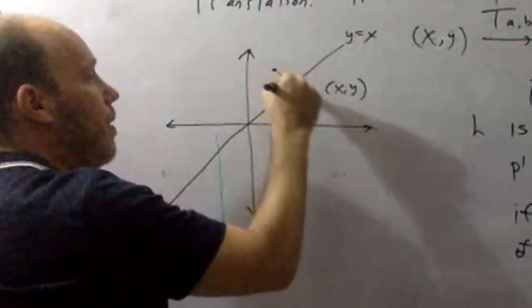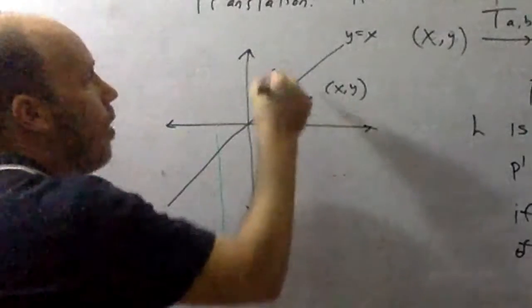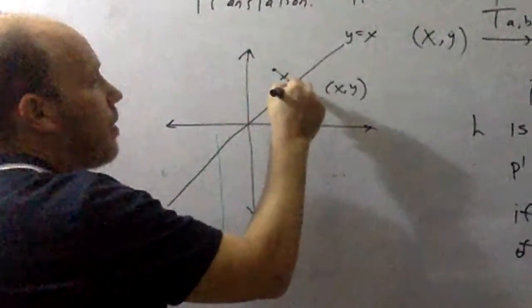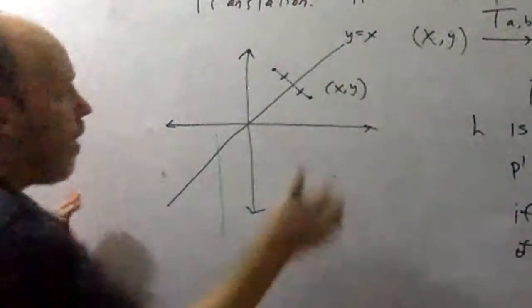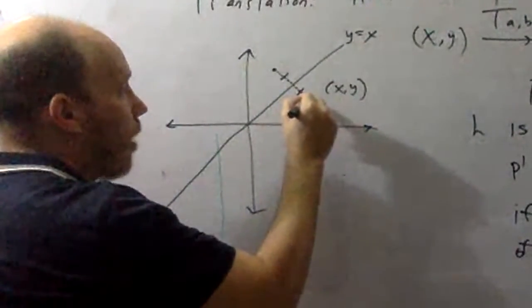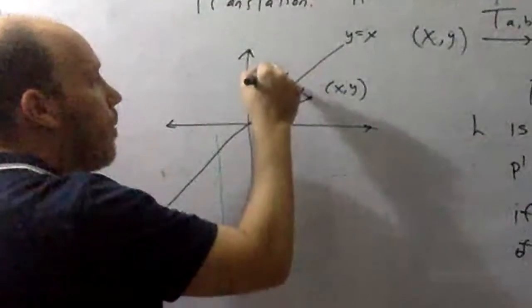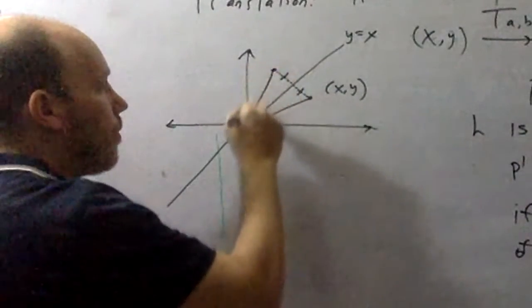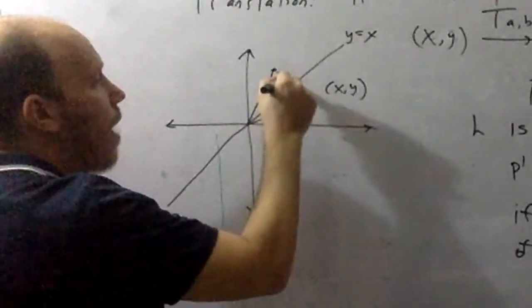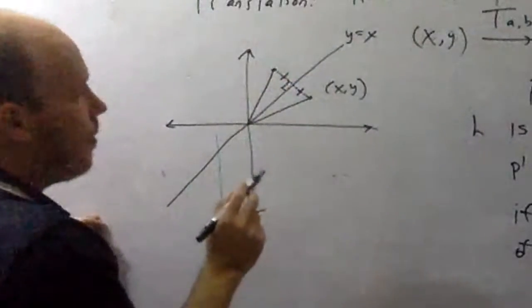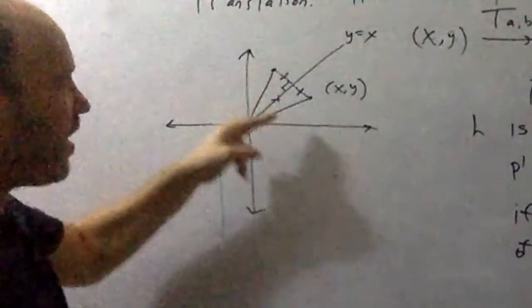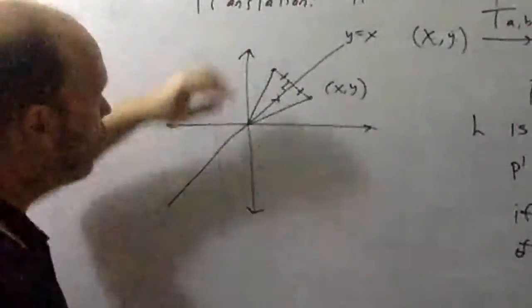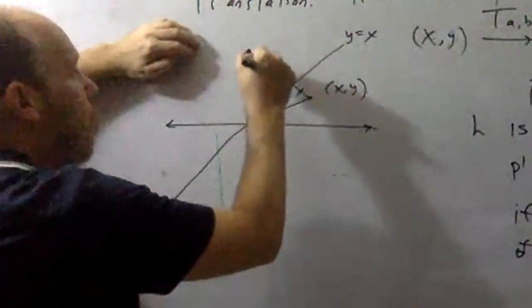We know that it's a perpendicular bisector, which means this is equal to this. We know that we can make this triangle here. We can make this triangle here. Okay. So we know that this is perpendicular, and we know this, which means we know that the mirror is the perpendicular bisector.